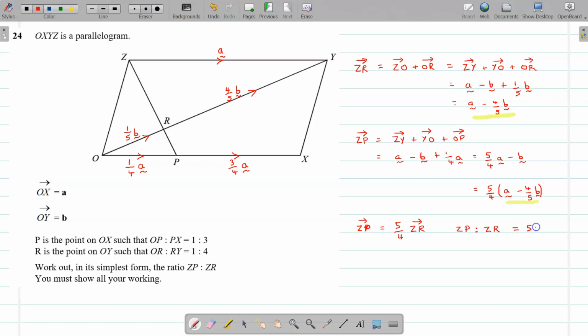That's quite a tricky vector question to do, and it takes a little bit of time and patience to work through, but that's the answer to the question, and that's the end of paper 3.